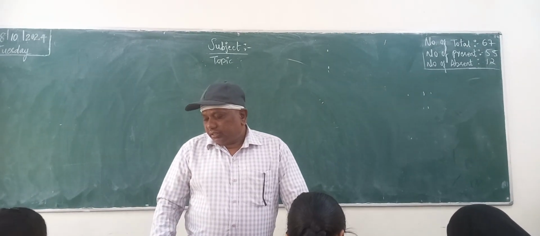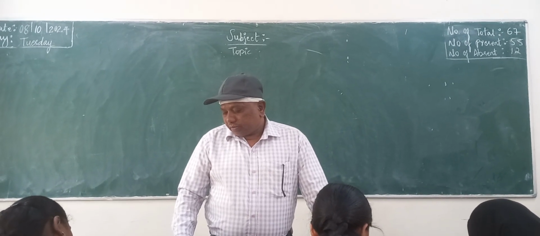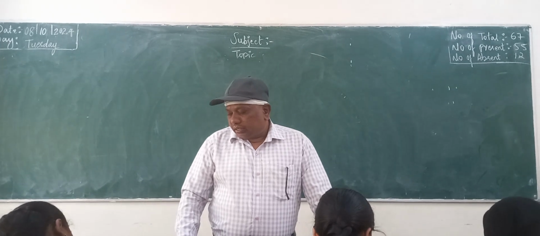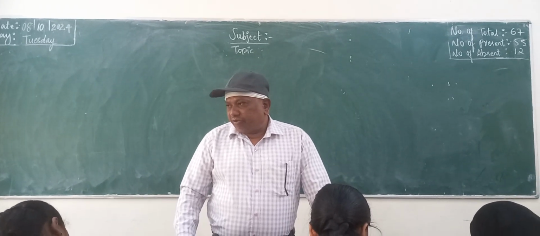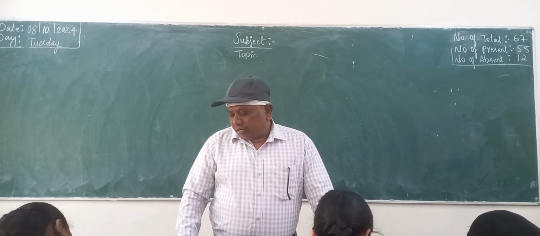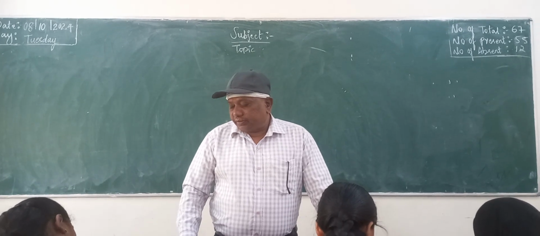Purchases: 2 lakh, 3 lakh. Manufacturing expenses: 40,000, 20,000.